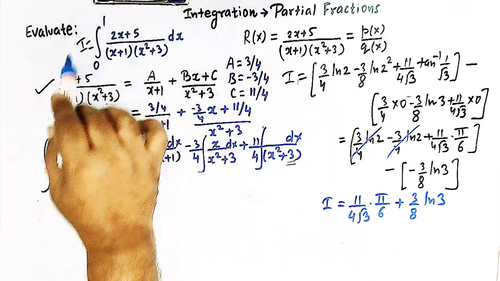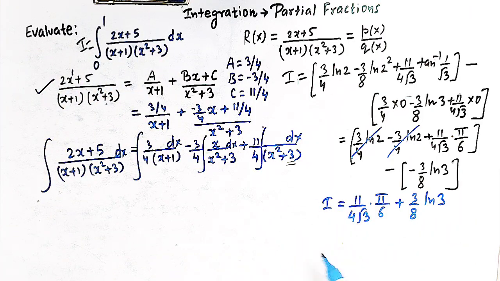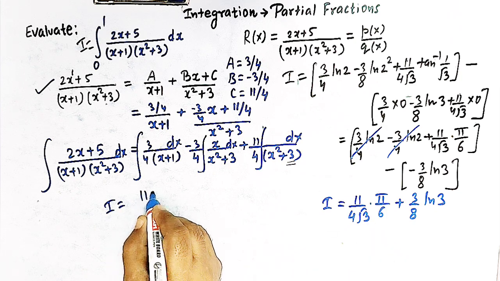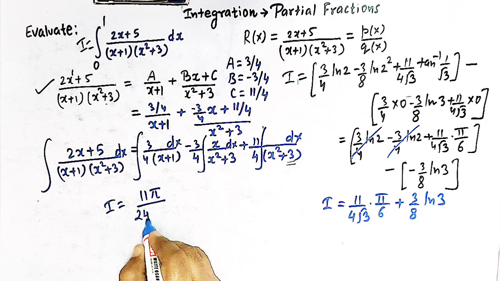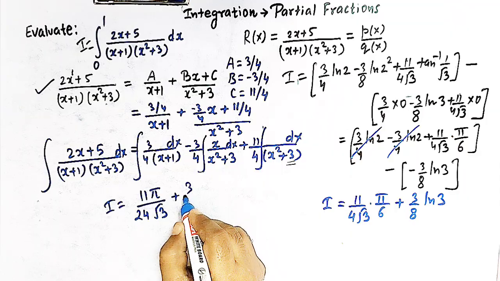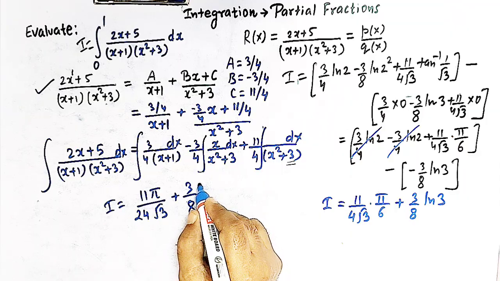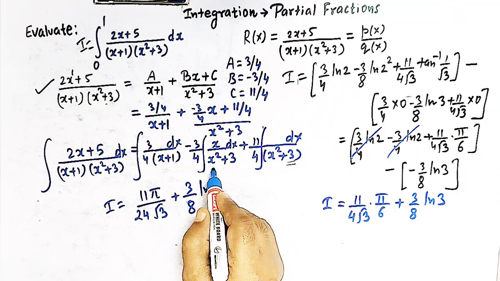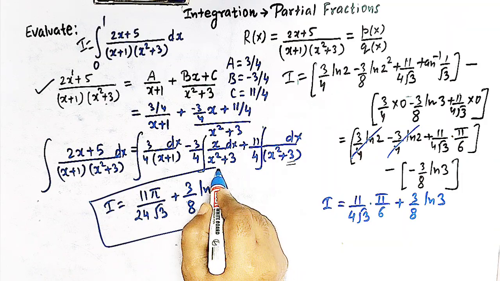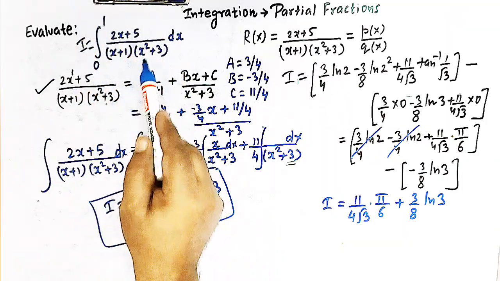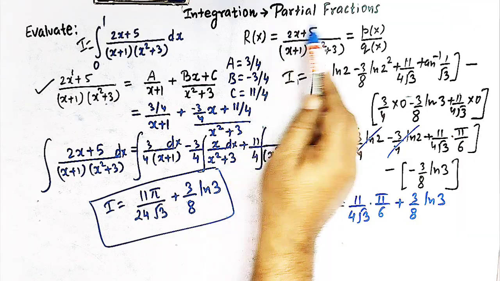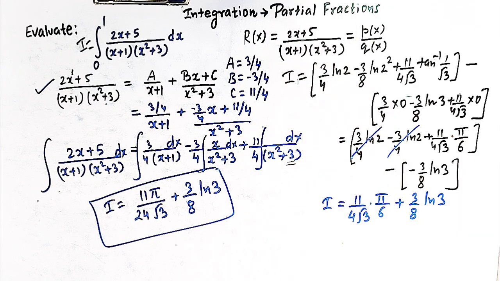So the value of this integral is given by this expression, and we can also write this expression as 11 pi over 6 times 4 is 24 root 3, and then we have 3 over 8 times natural log of 3. So this is the required value of this definite integral using the method of partial fractions.